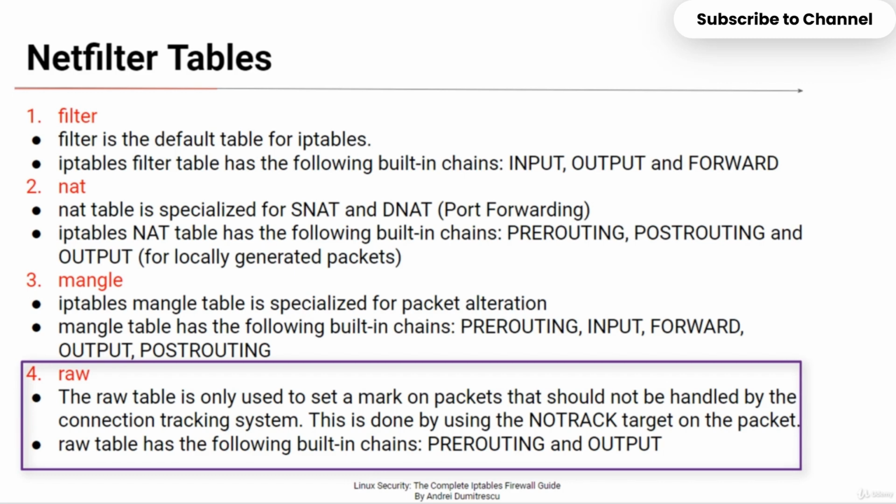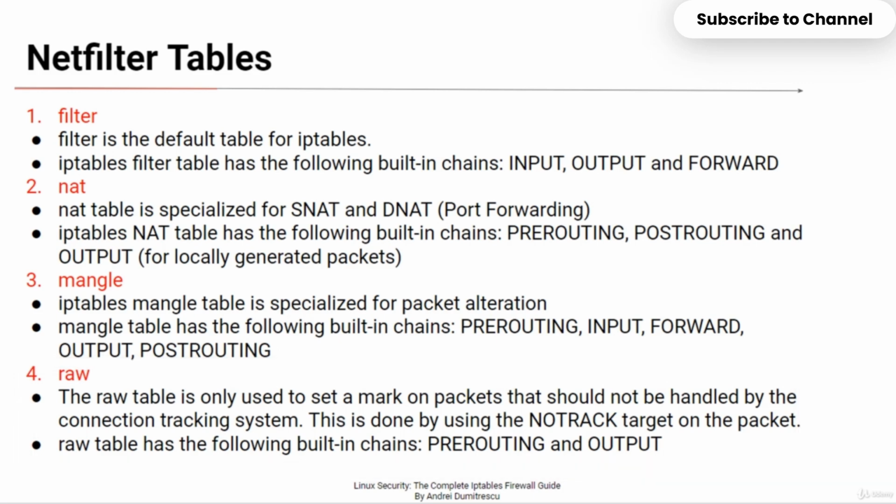The raw table is used to set a mark on packets that should not be handled by the connection tracking system, or simply said, we don't want some packets to be classified by accepting them directly. Like for example the traffic from our own loopback interface. This is done for performance improvement. We'll have a special section on the raw table later in the course.